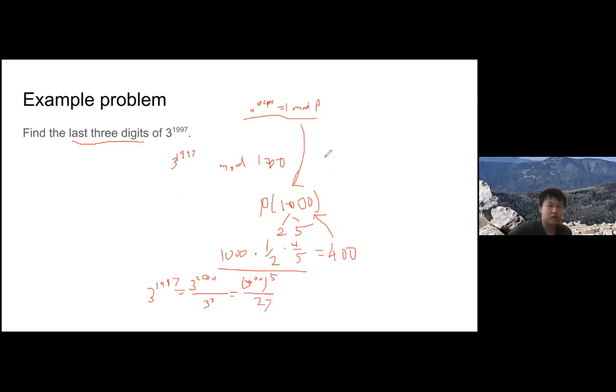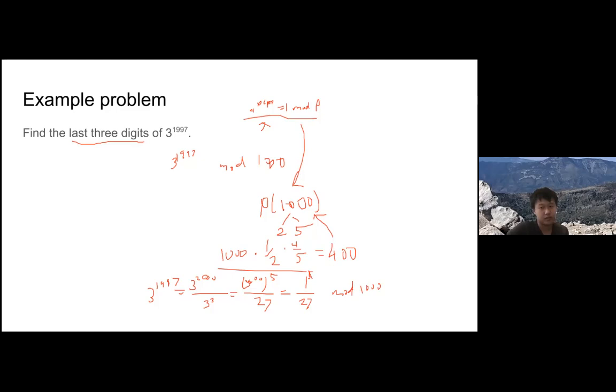Now 3 to the 400th is 1 mod 1,000 by this theorem, because 400 is phi of 1,000. So this is equal to 1 to the 5th over 27 mod 1,000. Okay, so that's 1 over 27.